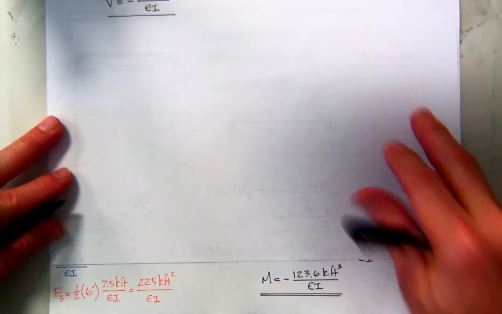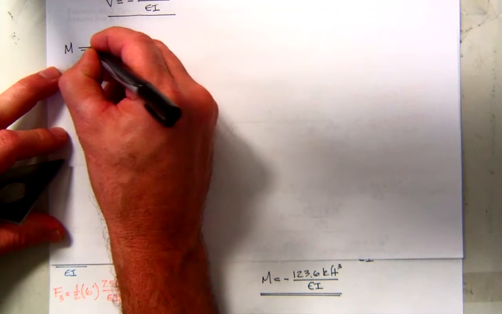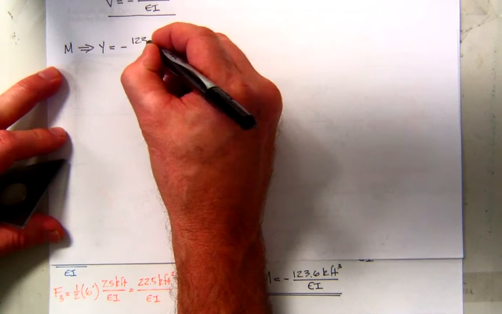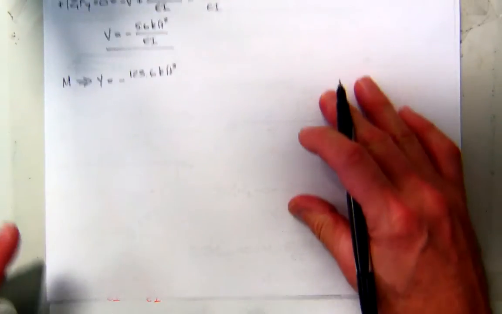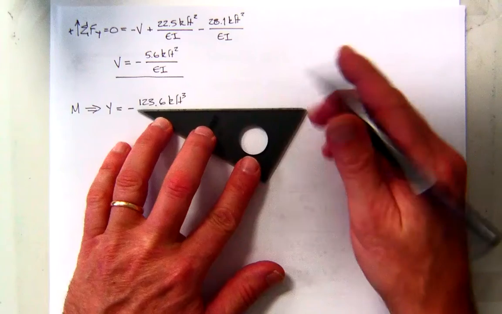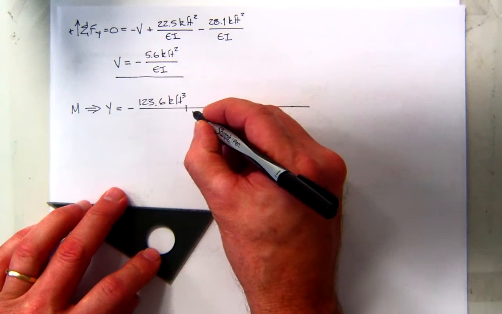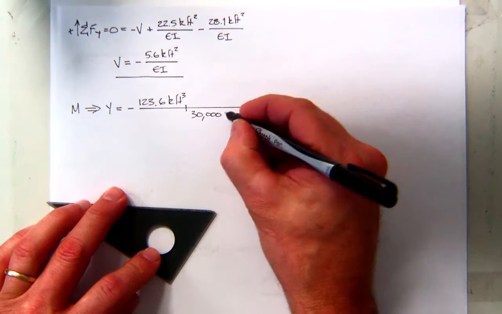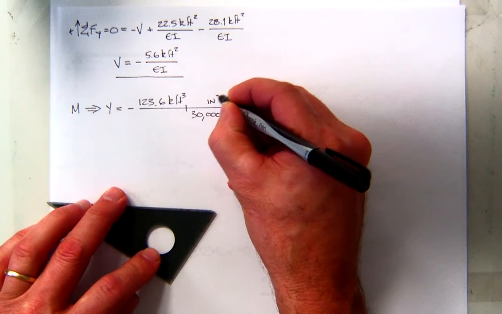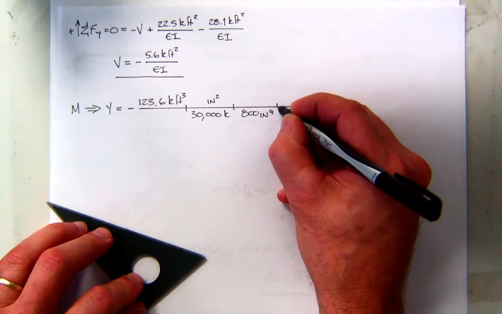So let me pull this back out, and let's remember that the moment maps back to the displacement, and that would give us a value of 123.6, and that's kip feet cubed. Now we're going to divide by E and I. E was 30,000 KSI, and I was 800 inches to the fourth.